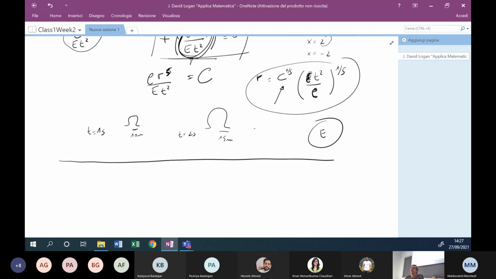What's your experience? This resistance that you experience from the air when you are biking, can you imagine what this can depend on? From the velocity. So I'm biking like that, and I observe that this thing depends on velocity.